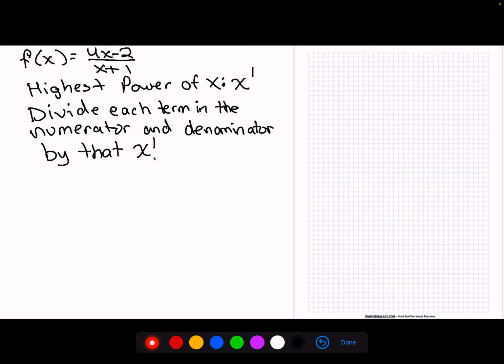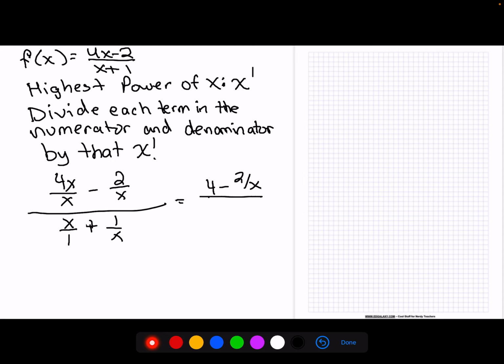So if you have 4x over x minus 2 over x all over x plus 1 over x, then you might see if you can do any simplifying. You'd end up with 4 minus 2 over x and then x plus 1 over x. Oop, I didn't put an x there, sorry.